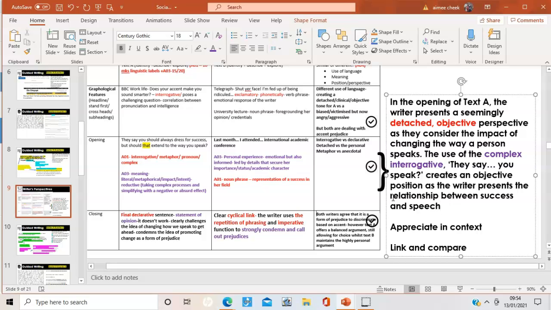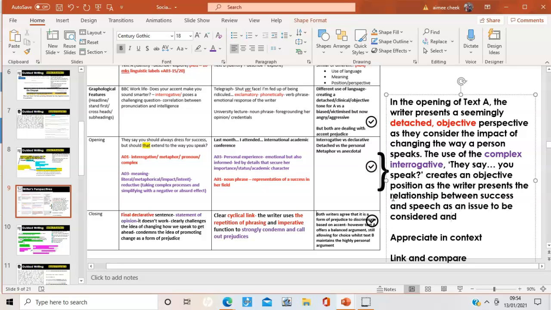So guys, this is me thinking out loud, so I'm just slowing down. I might change it in a minute. So the use of the complex interrogative, they say, creates an objective position as the writer presents the relationship between success and speech as an issue to be considered and reflected upon.